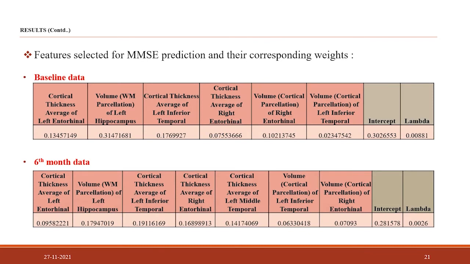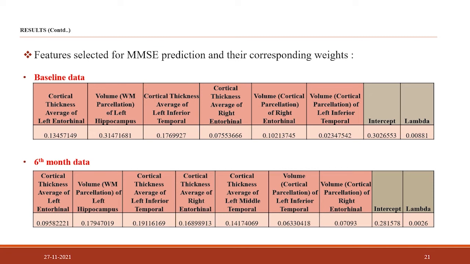These are some of the features that showed high value when we predicted the MMSE score. Based upon the baseline data, the features selected are cortical thickness average of left entorhinal, volume of left hippocampus, cortical thickness average of left inferior temporal, cortical thickness average of right entorhinal, volume of right entorhinal, and volume of left inferior temporal.